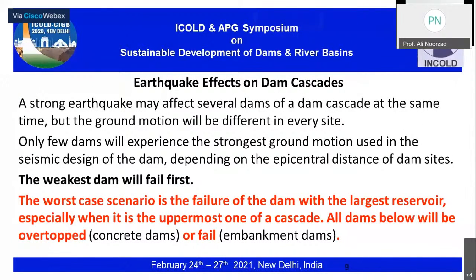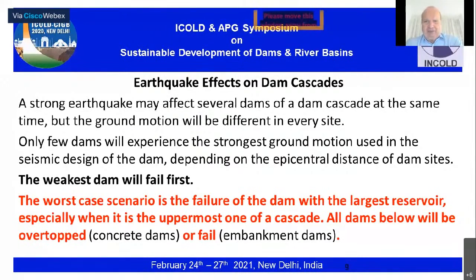Now, what are the earthquake effects on dam cascades? A strong earthquake may affect several dams of the dam cascade at the same time, but the ground motion, I think that is obvious as I've shown before, will be different at every dam site.